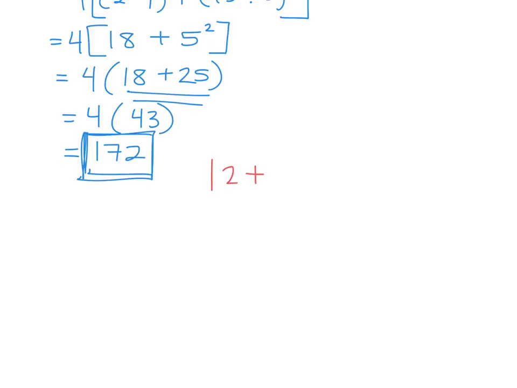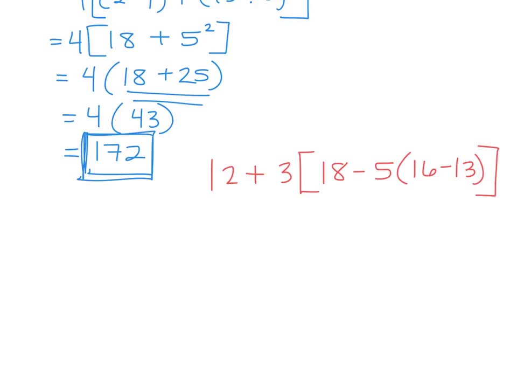All right, last one, and then you'll have some time to try to get your homework done. 12 plus 3, and then a bracket, 18 minus 5, parentheses, 16 minus 13. And then finish off your parentheses and finish off your bracket. All right, think in PEMDAS.